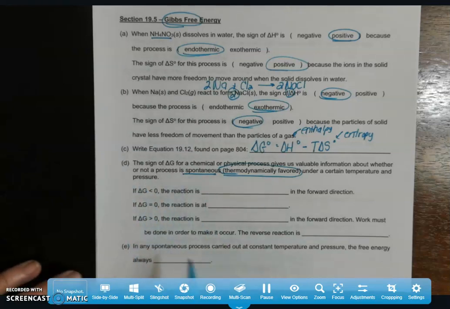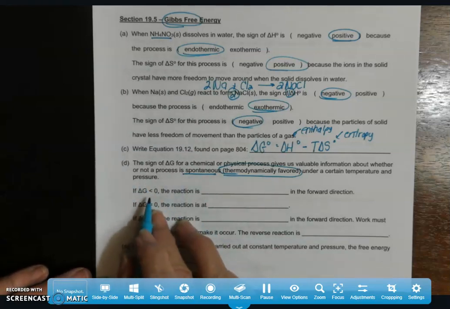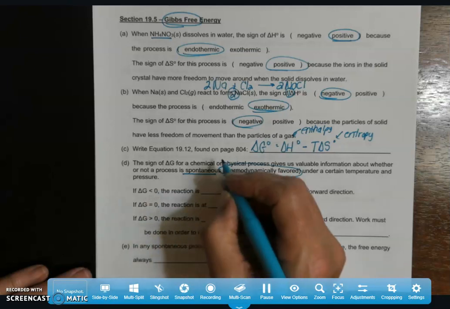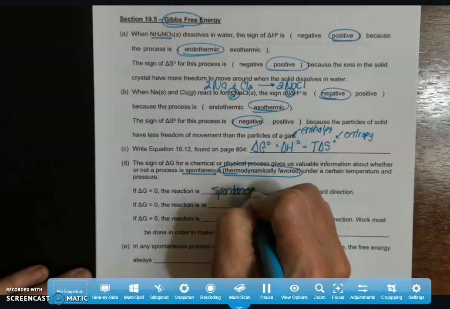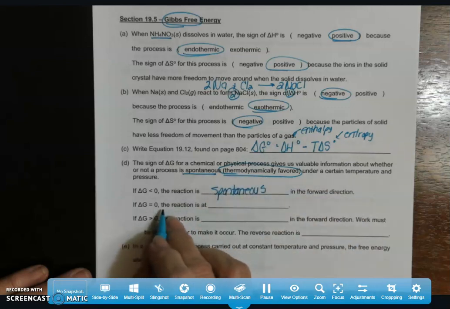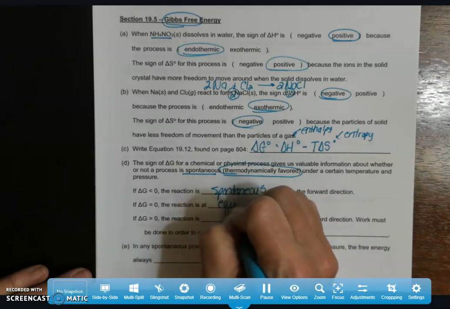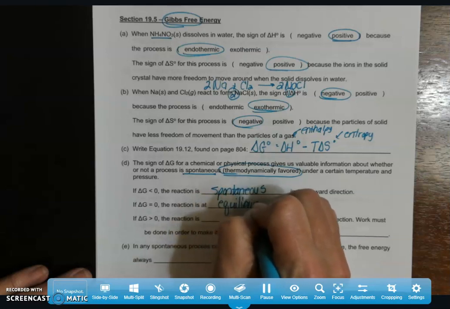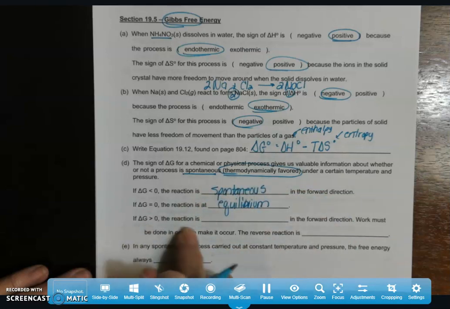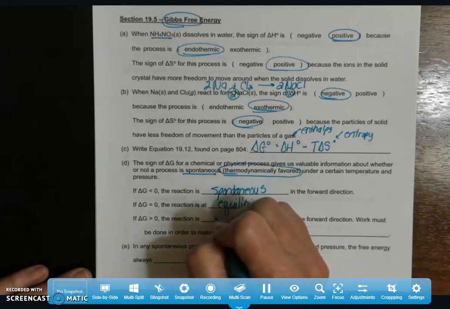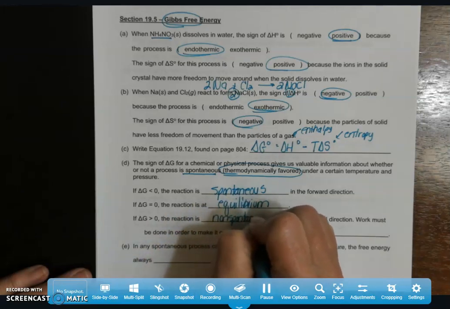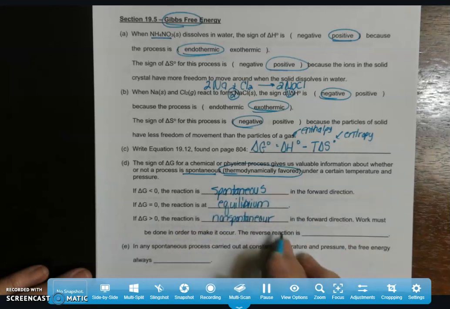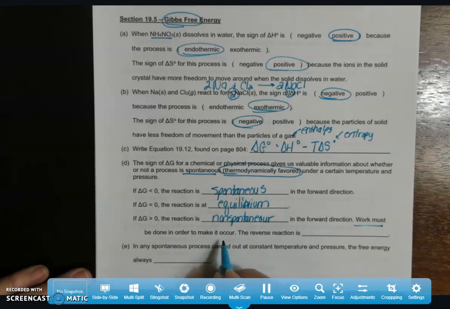Now, let's just look at the signs. If delta G is negative, the reaction is spontaneous. If delta G is 0, the reaction is at equilibrium. And if delta G is greater than 0, or positive, the reaction is non-spontaneous in the forward reaction, and work must be done in order to make it occur.